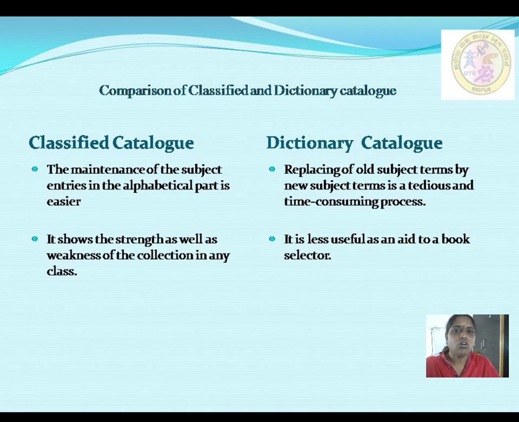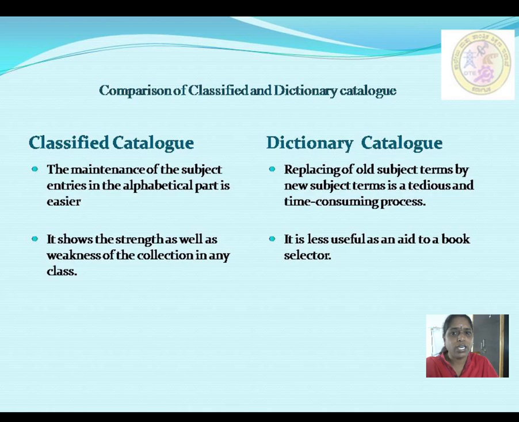In that, the catalog also plays a very, very important role. Okay, so here the CC can actually become the best book selector, or best aid for book selection in a library. How? CC actually tells the strength and weakness of a subject. Strength and weakness of a subject. How is it possible?